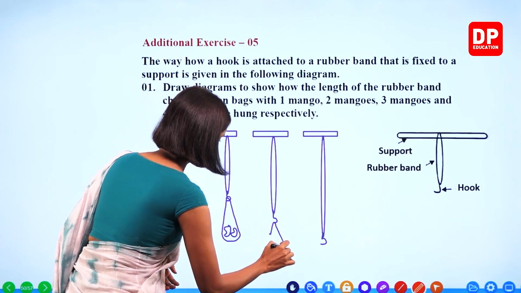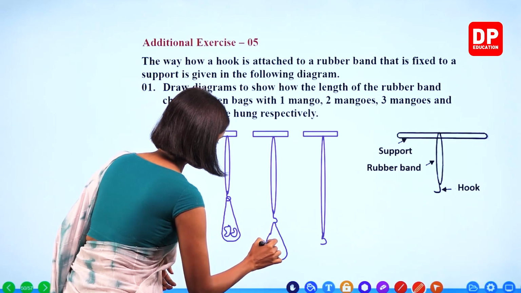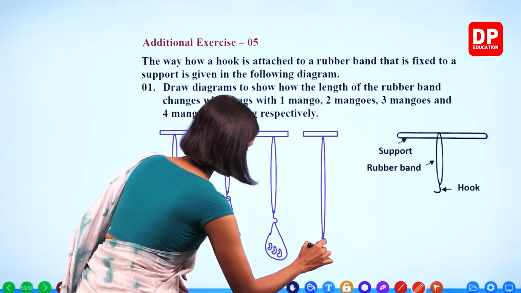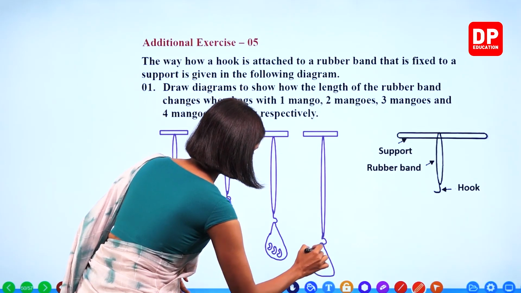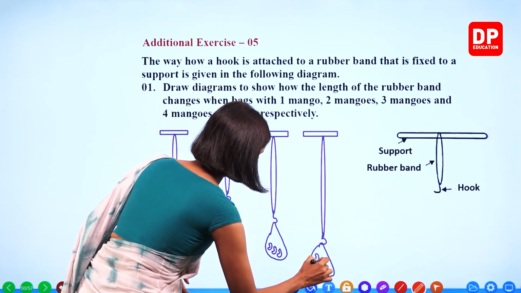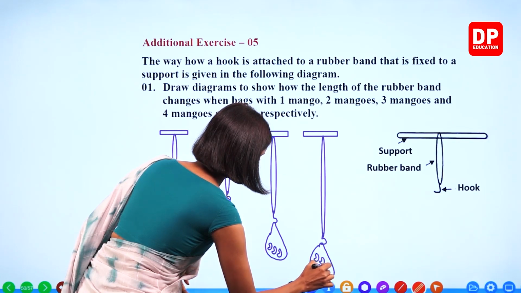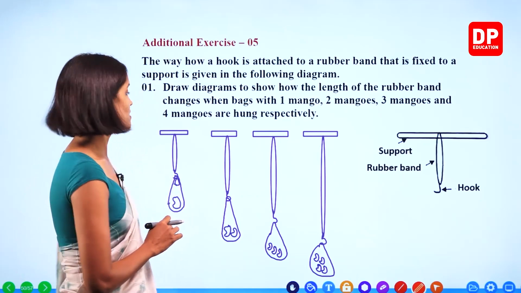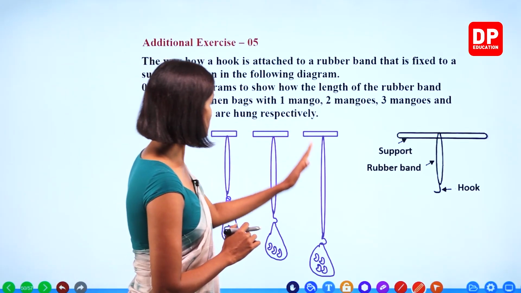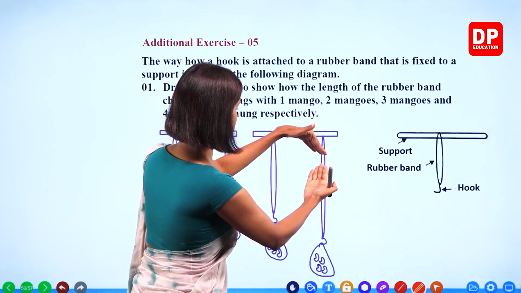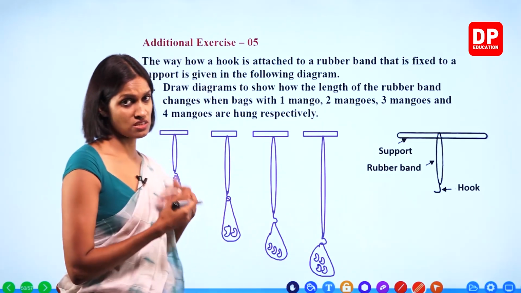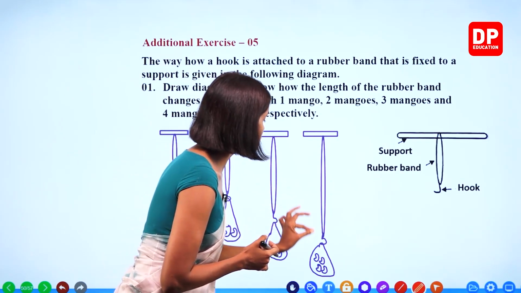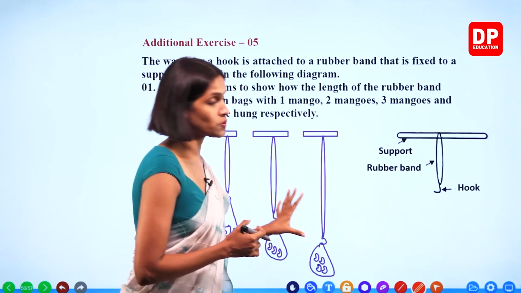In this bag, 3 mangoes. And here this one, you can draw 4 mangoes. So what you have to show is how the length of stretching of this rubber band changes. Even during an activity, we did this. So when you hang the bag with 4 mangoes, it stretches the most.